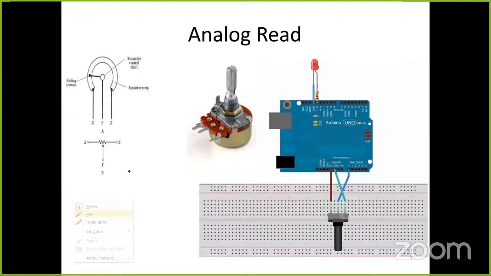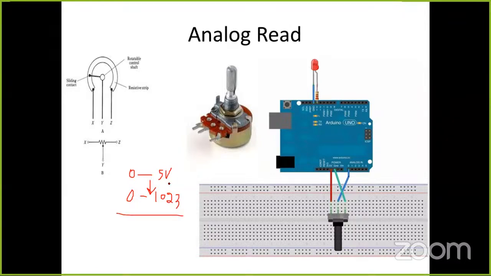When we read 0 to 5 volts in the Arduino, we get values from 0 to 1023. When we give 5 volts to the Arduino, it reads 1023. The value is magnified because there is an inbuilt ADC in the Arduino.